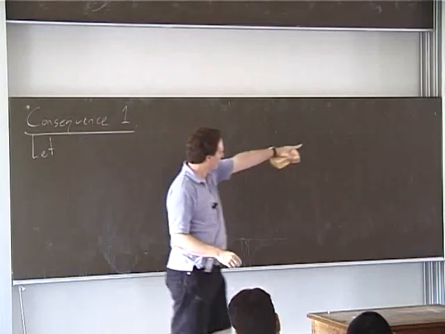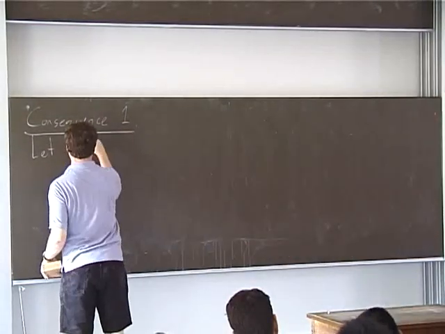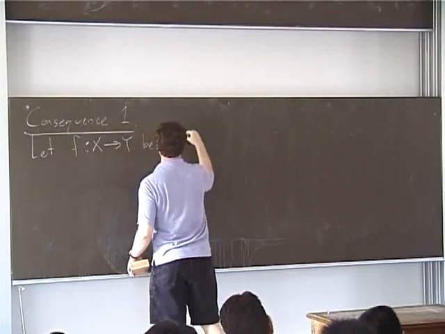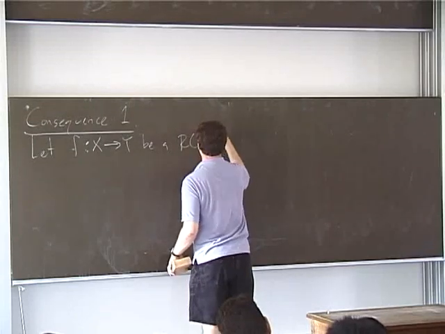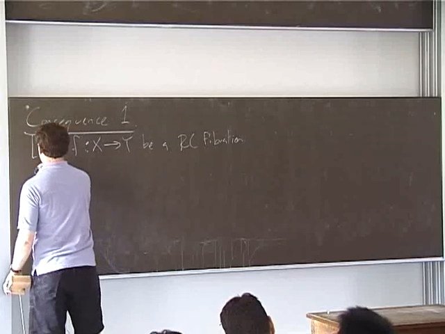It's that same setup. We have a fibration over a curve. So let f from x to y be a rationally connected fibration over a curve, just one of the morphisms satisfying that hypothesis.